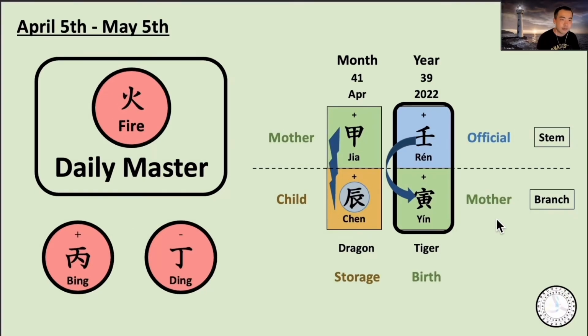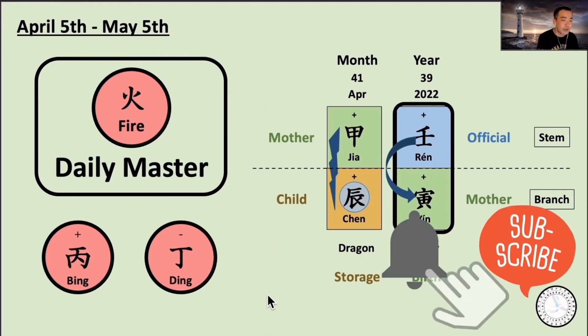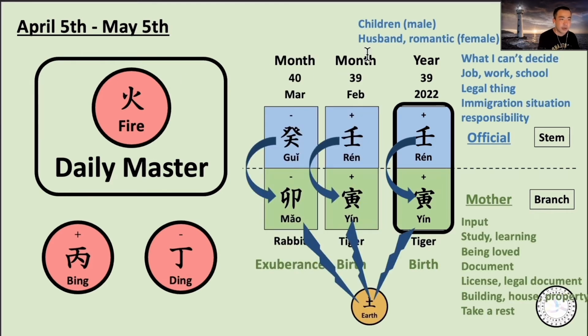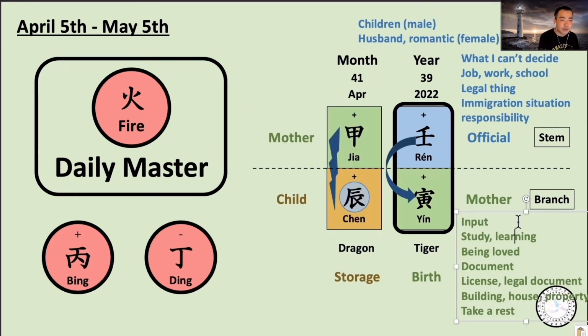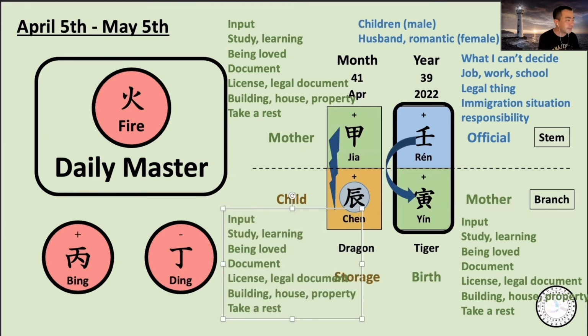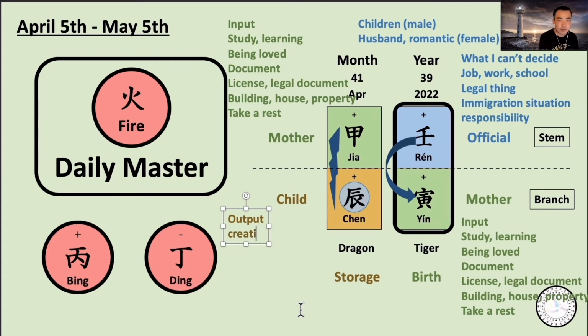Yeah, and those problems are now becoming the energy of April, Jia wood, dragon. So now output is creating more than February and March for Fire Daily Master. Now output is created much more than February and March. And you know, Child Spirit is all about output, all about creativity, all about taking action, start moving.